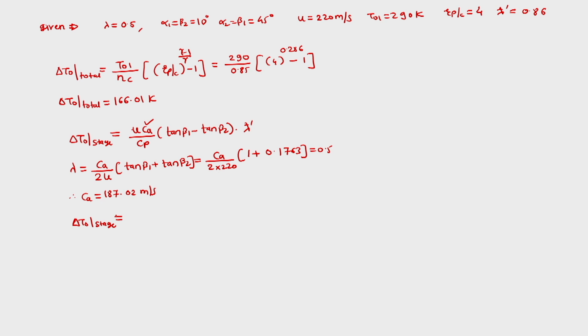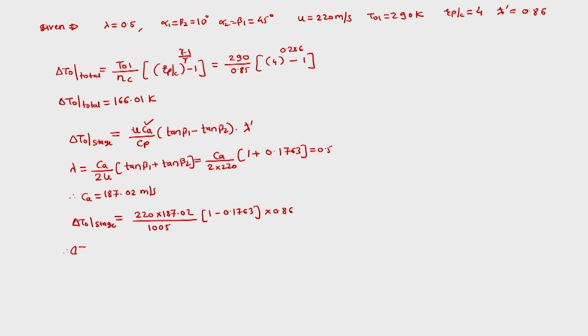Now we know Ca, we can find delta T naught stage, and delta T naught stage turns out to be 220 into 187.02 divided by 1005, into (tan of beta 1, which is 1, minus 0.1763) into 0.86.